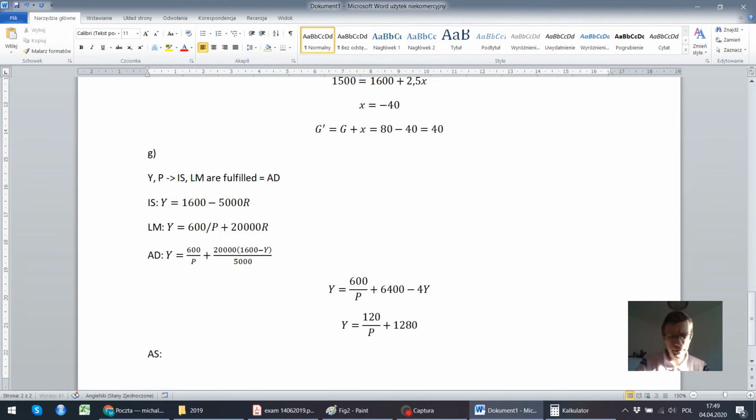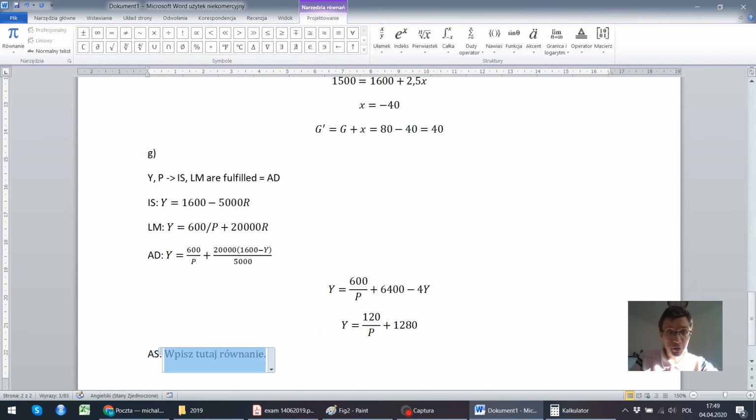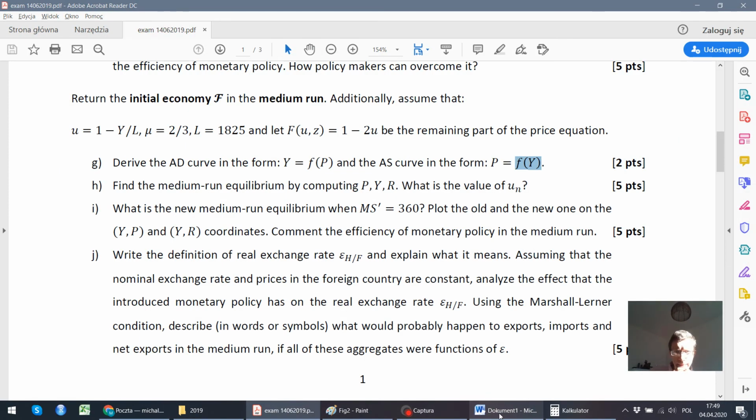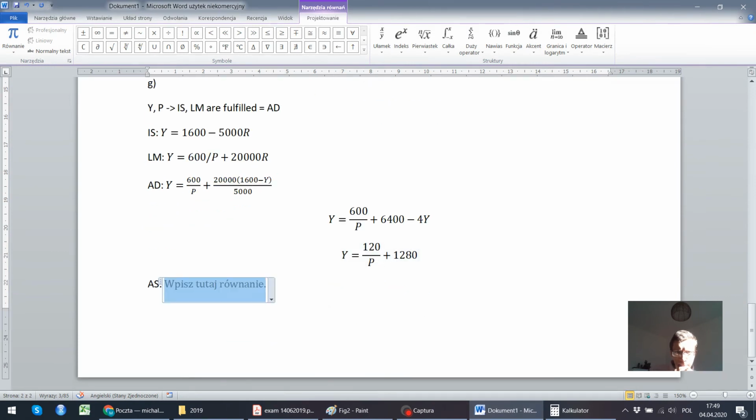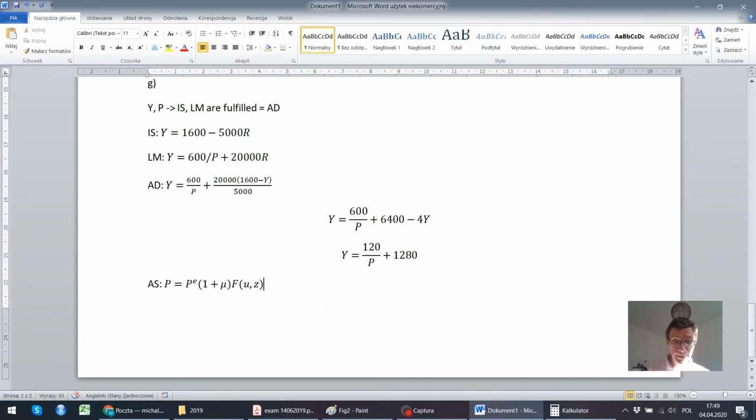Now what about the AS curve? Well, we simply follow the definition that you hopefully know from the lecture. The P on the left-hand side is equal to the expected level of prices times 1 plus the margin rate times F, the labor market part of our model, F of u, z.